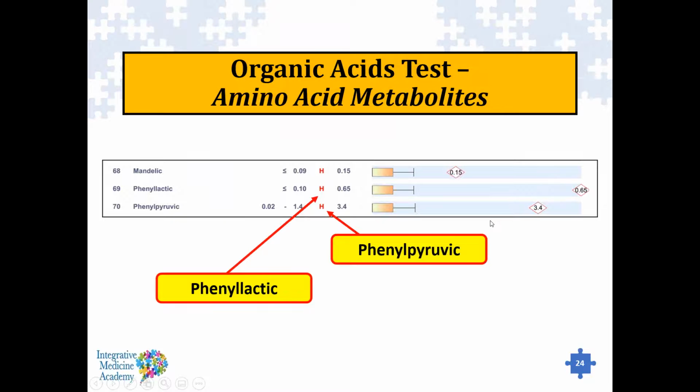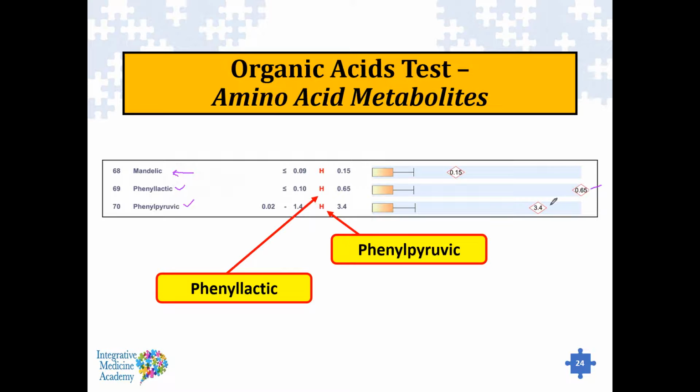If you go to the last page of the OAT, page 5, there are some markers in the amino acid metabolites section that are also linked to phenylalanine metabolism problems. Phenyllactic, phenylpyruvic, and even mandelic, although mandelic can also be elevated because of styrene or styrofoam exposure.